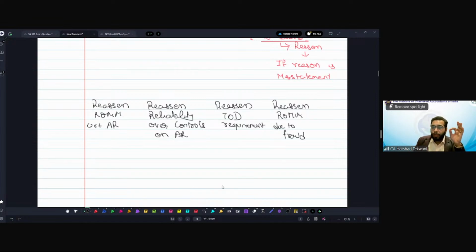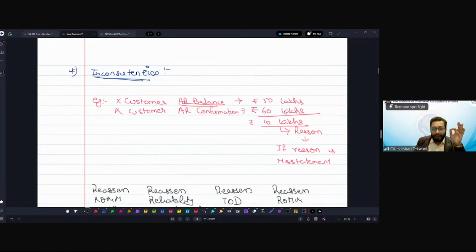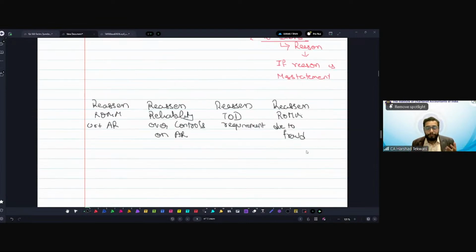The reason is, let's say, for example, there was a sale which was not recorded in the books, whether the management or someone was planning to siphon the funds, that okay, 10 lakh rupees I'll not record in the books. So when the customer pays, I will directly take it into my accounts and I will never show that in books. So by default, 50 lakhs amount in the books. This could be fraud also. So reassess the risk of material misstatement due to fraud.